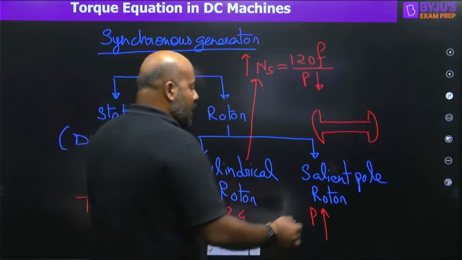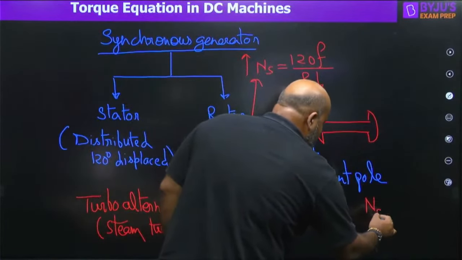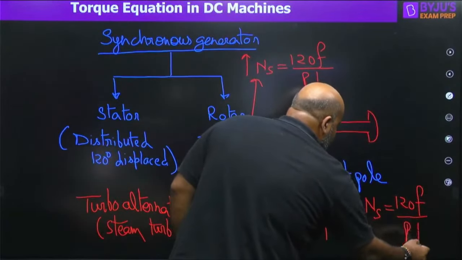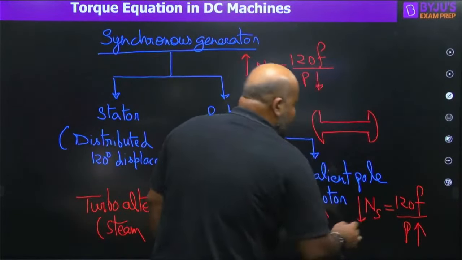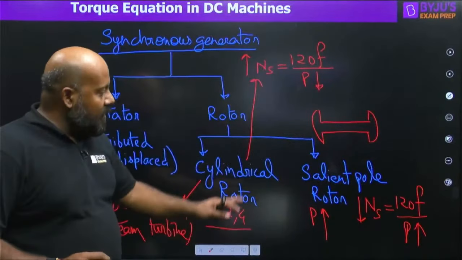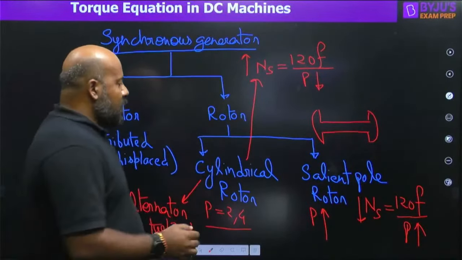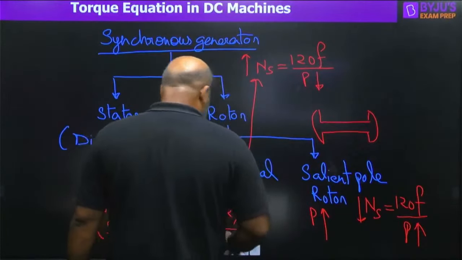In the salient pole rotor, the synchronous speed 120f/P is less because the number of poles is very high. Generally, this type of construction is used for hydroelectric plants, so this is also called a hydro alternator.